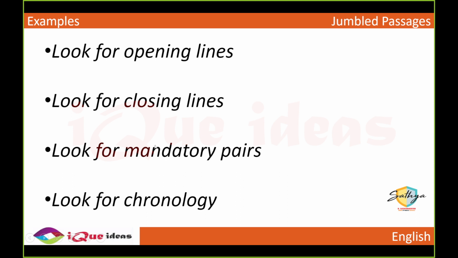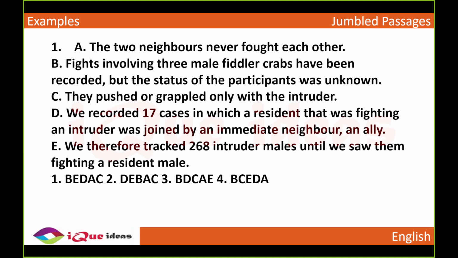So let's take a few examples to understand exactly what we can do to solve questions of jumbled passages. I have given you five sentences marked A, B, C, D, and E. A says the two neighbors never fought each other.